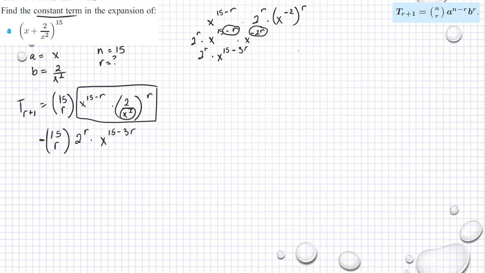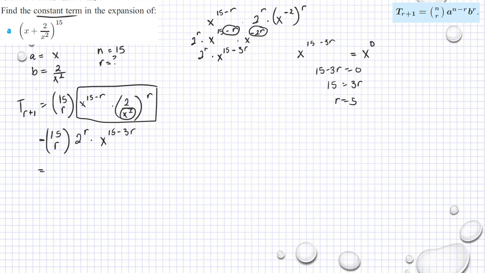And then x raised to 15 minus 3r is supposed to be constant, x raised to 0. And then we have 15 minus 3r is equal to 0, and then 15 is equal to 3r, and then r is equal to 5.